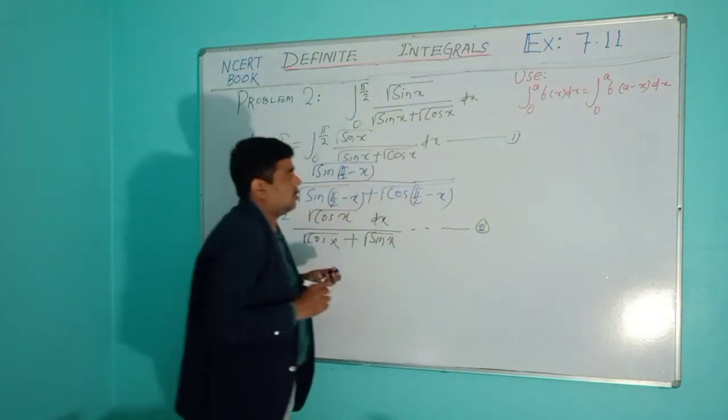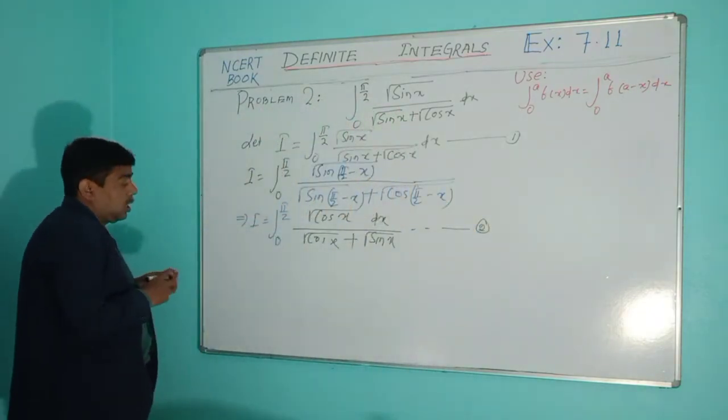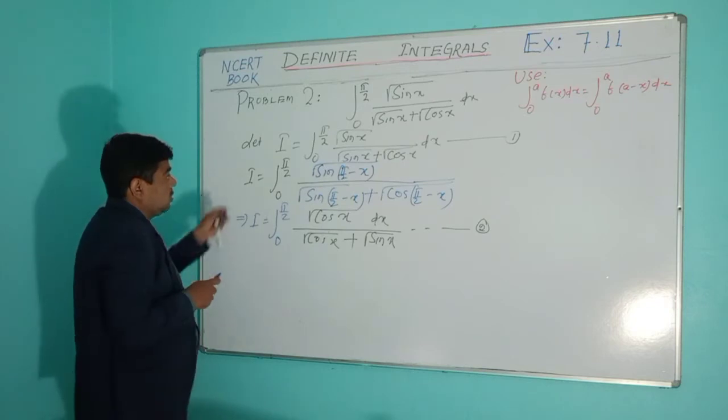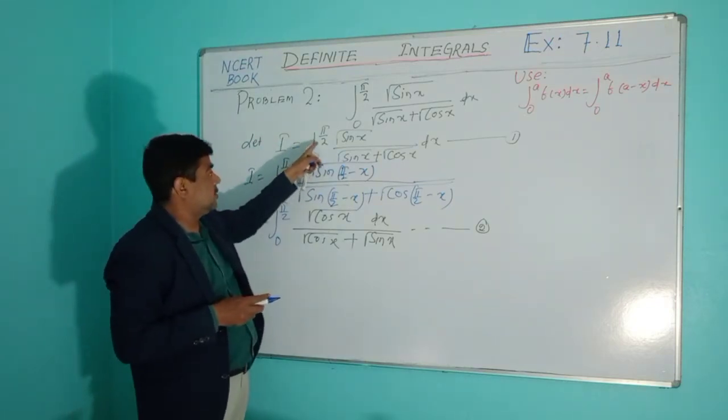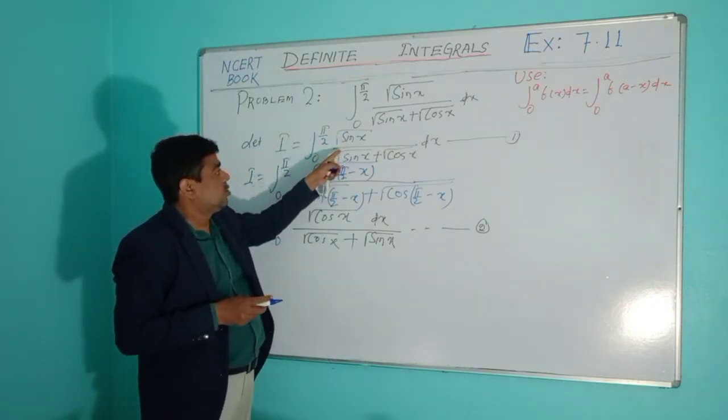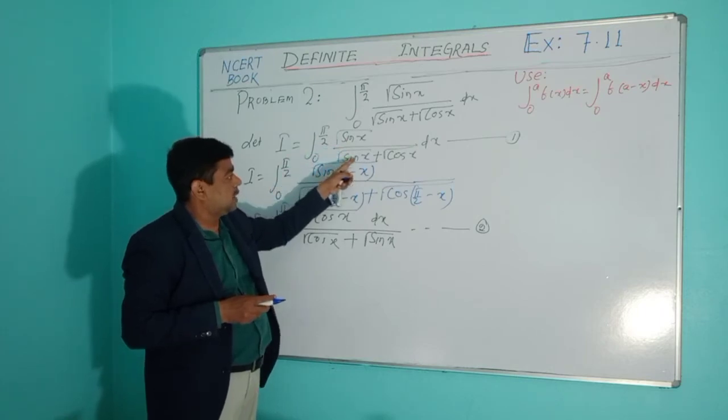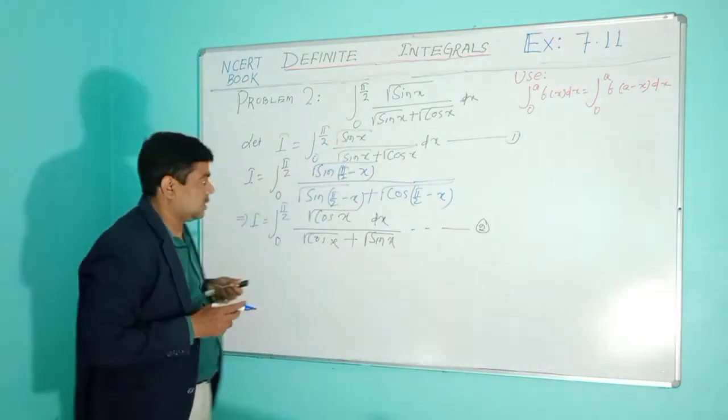Now add equations 1 and 2. Equation 1 is I equal to the integration of 0 to pi by 2 of root sin x divided by root sin x plus root cos x dx.